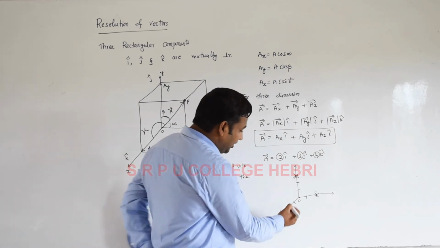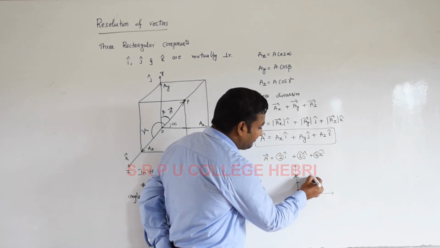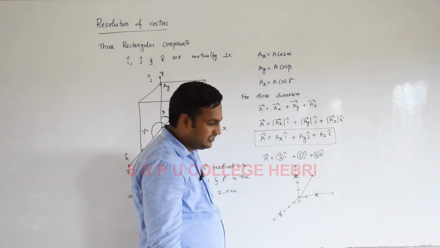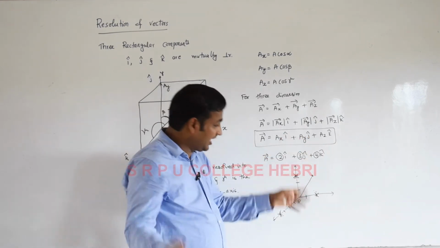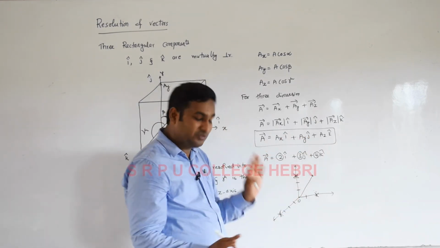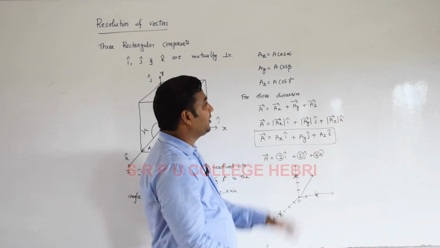You will get the vector somewhere here. It is 2i cap, 3j cap, 4k cap. Imagine the 3 dimension diagram. This is the condition. And I want to find out its magnitude.